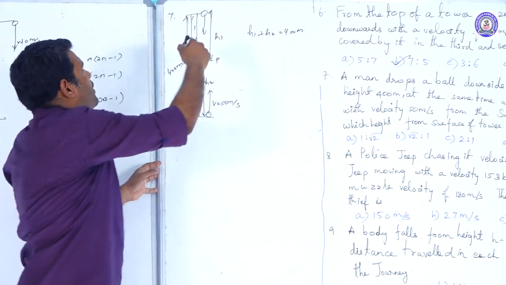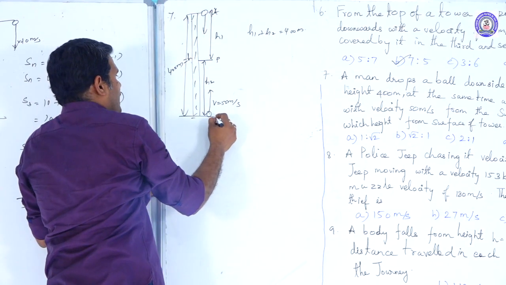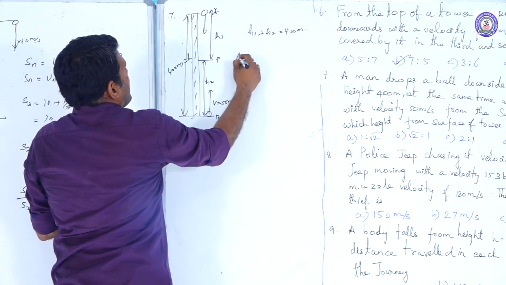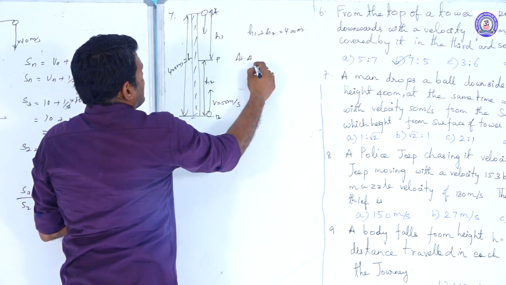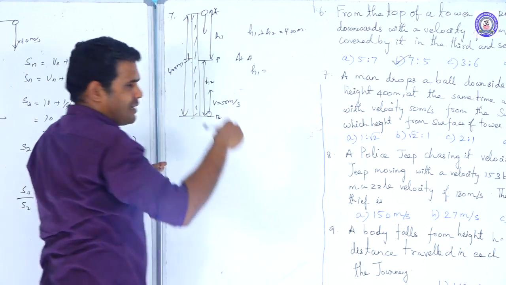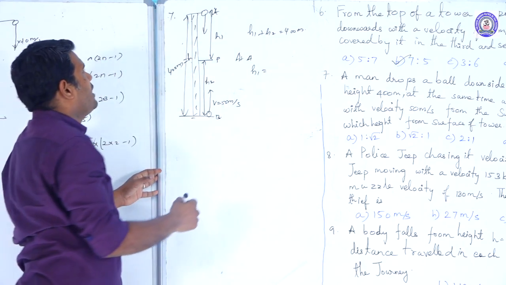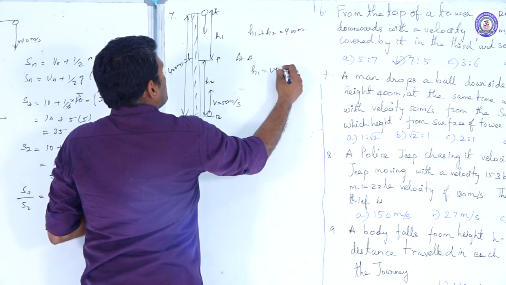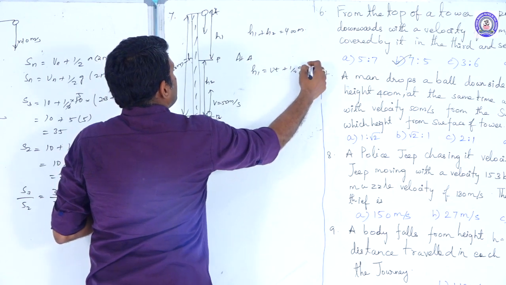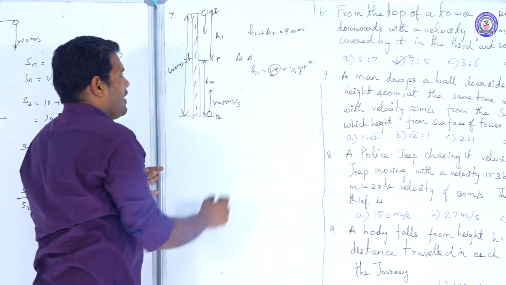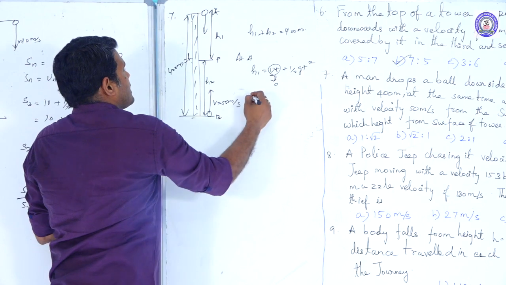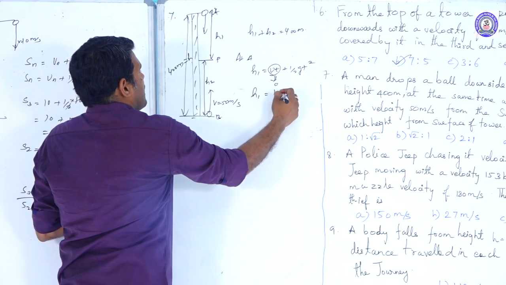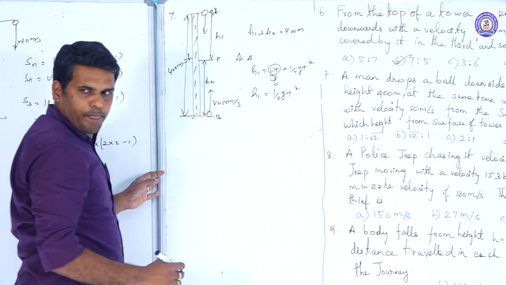Consider this as point A and this as point B. At A, I can write h1, the displacement in the vertical downward direction. h1 is equal to ut plus half gt square, where initial velocity is 0, so this term goes as 0. h1 equals half gt square.